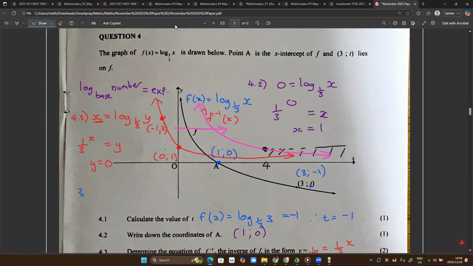So all we have to do is figure out what the y value is when x is equal to 4, and then it'll be all those values between that and, obviously, this asymptote. So y will be between whatever this value is here.